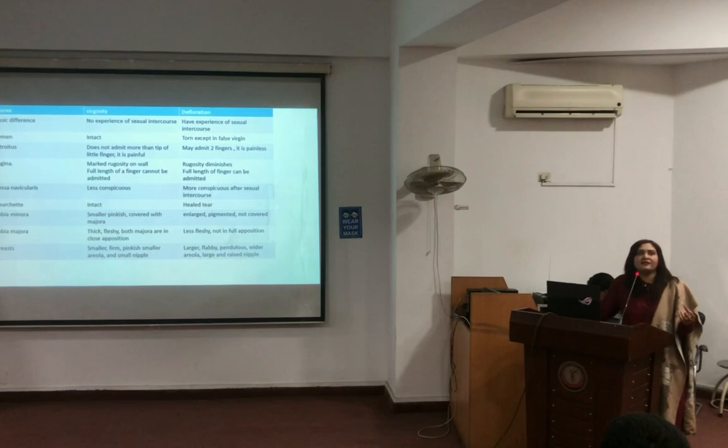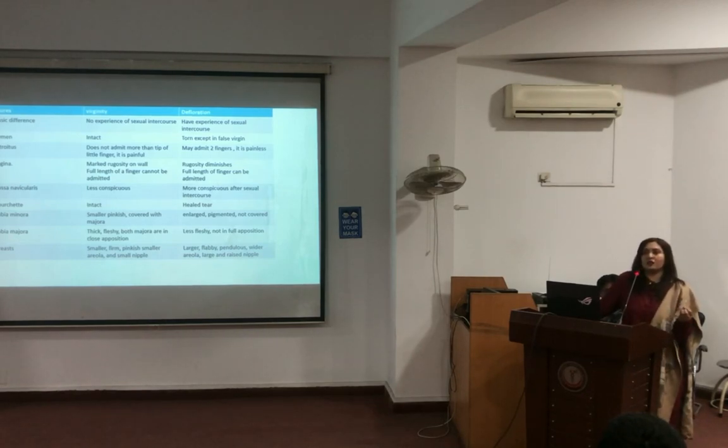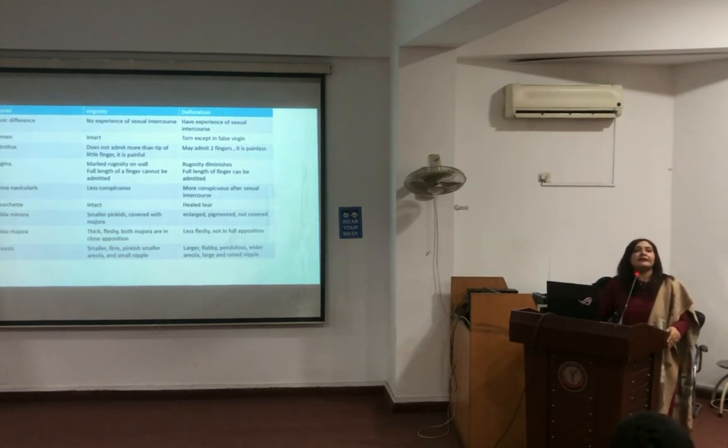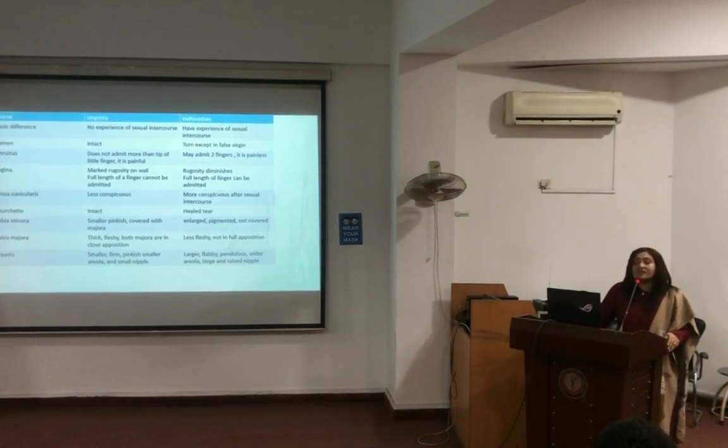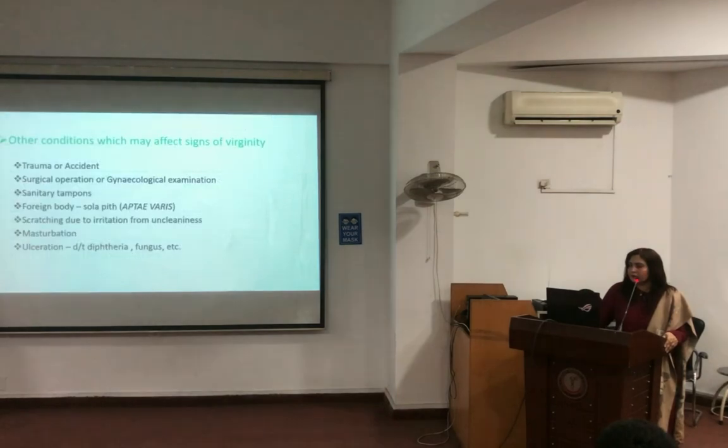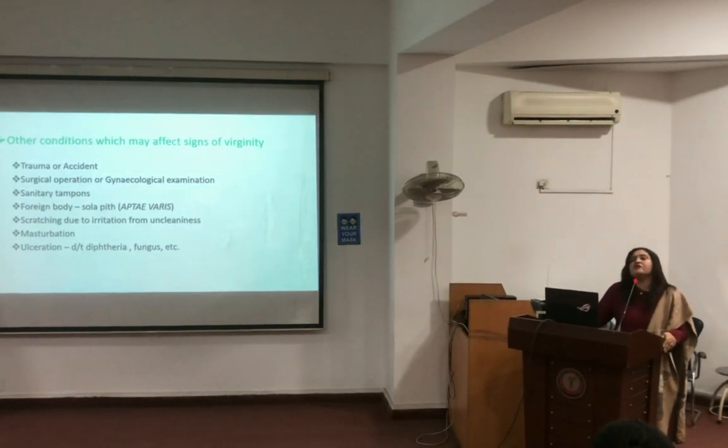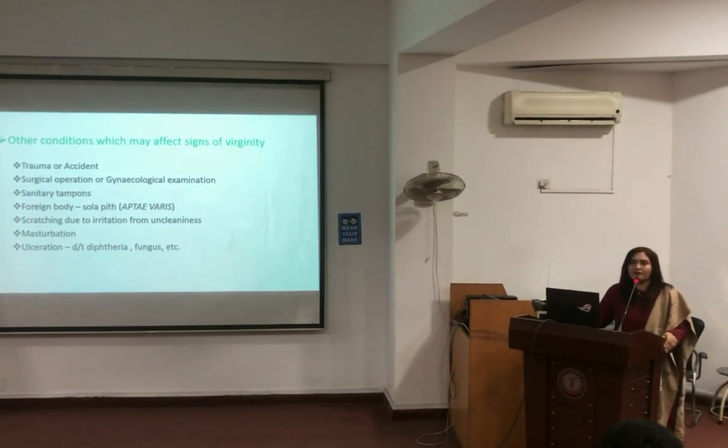If more rugosities are there, and the vagina is not so accommodative, then we can differentiate a habitual one from a just deflorated one. So these are the conditions where the hymen can be ruptured without any rape or other sexual intercourse.